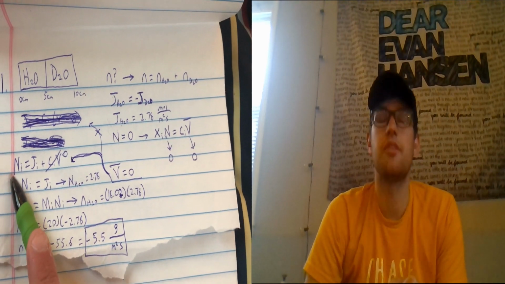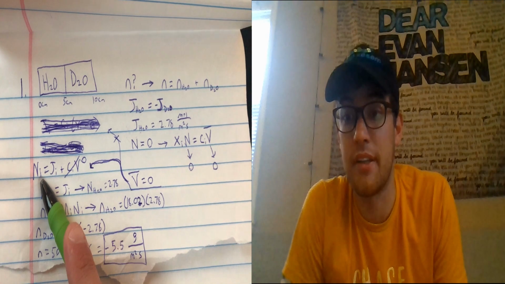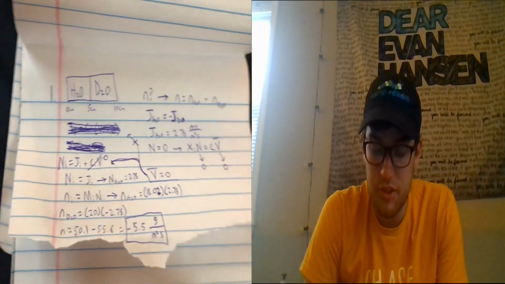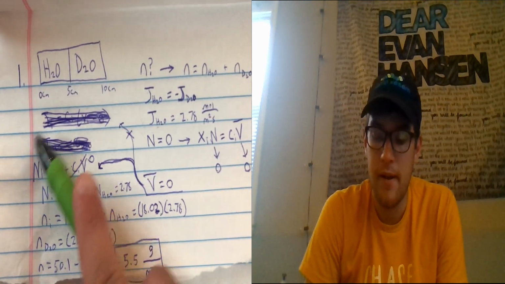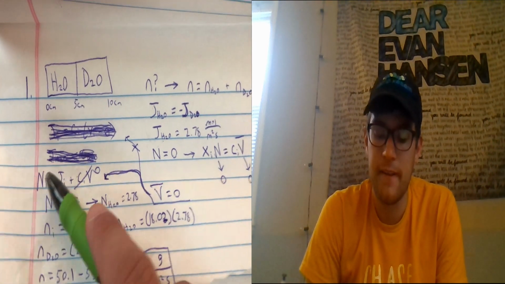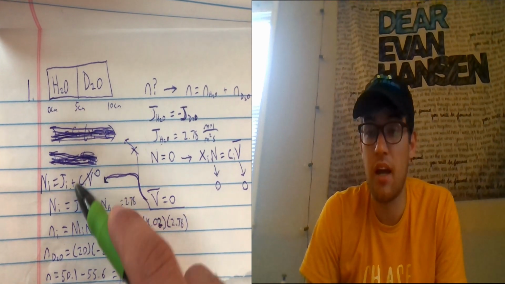Well, knowing that and seeing another definition from our book, the molar flux of a certain component is equal to the molar diffusive flux of that component added to the concentration of that component multiplied by the molar velocity of the system.